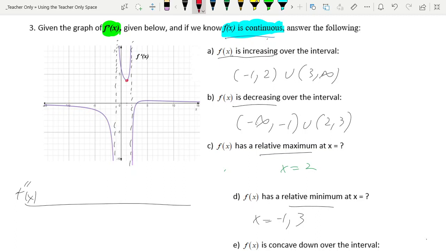Well, it looks like we have one right here. Mins and maxes are going to be the place where our slope is equal to 0, or where our graph just flattens out. So it looks like right here at 1, we have a slope that's equal to 0.